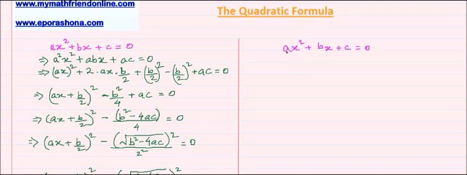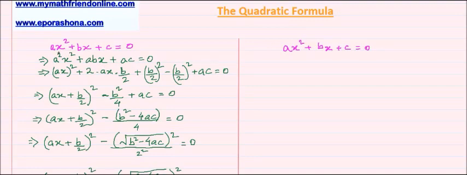It's absolutely correct. You can do that. You can divide the entire equation by a. Only thing is you will be getting a fractional coefficient of x as well as a fractional constant term. So I think that whole numbers or integers are preferable to fractions.